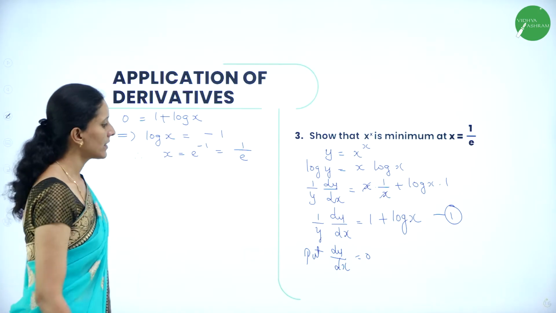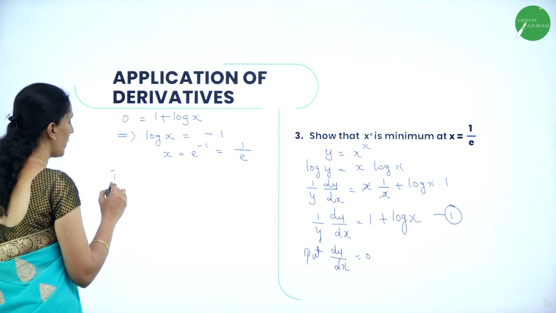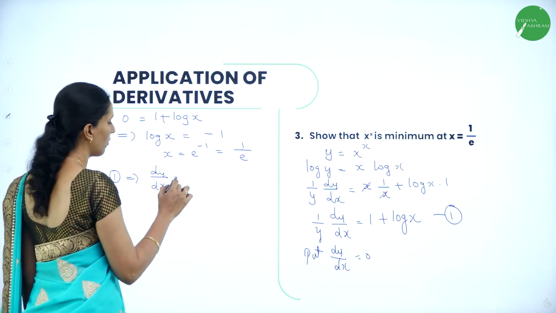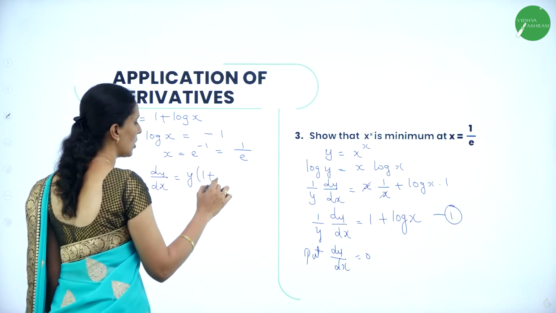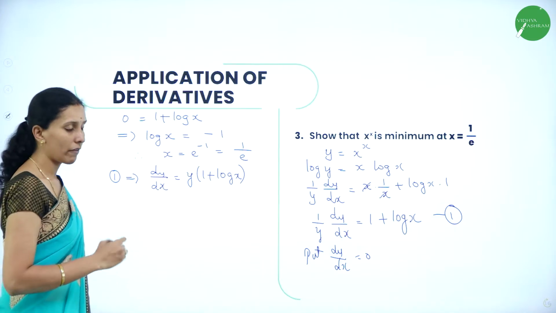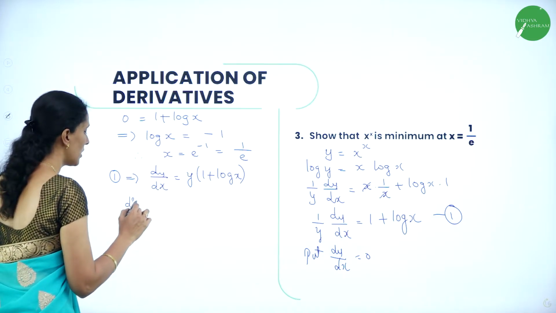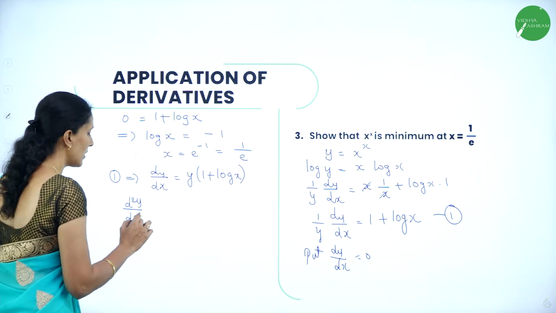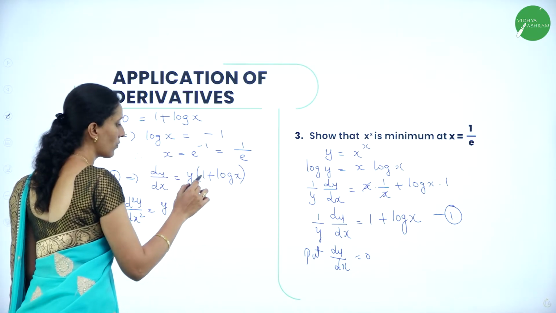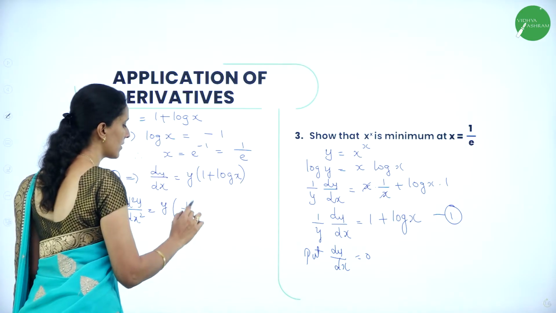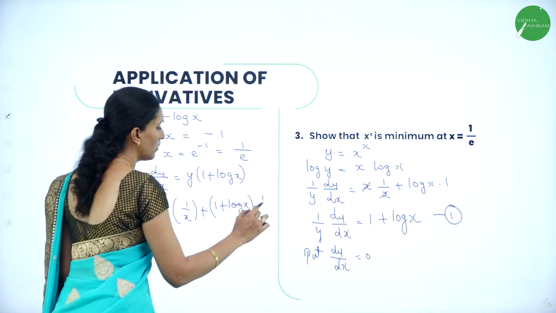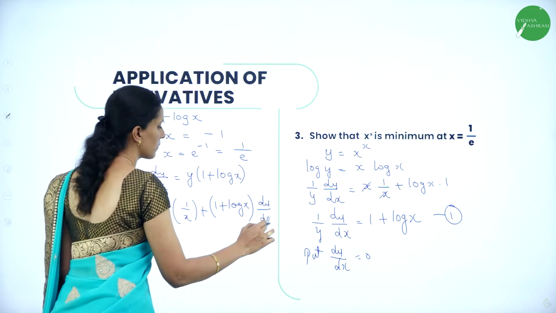Now, let's take this function. So equation 1 implies, rearrange it, we have dy by dx is equal to y into 1 plus log x. Let us take the derivative again, that is to find out d square y by dx square. D square y by dx square is equal to, first function, derivative of 1 plus log x is, 1 is 0, log x is 1 by x, plus 1 plus log x into dy by dx.